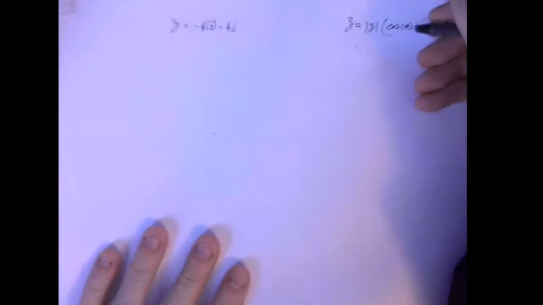Well, what does trigonometric form look like? Trigonometric form is going to look like z equals the absolute value of z, which is the modulus, times cosine of theta plus i sine of theta, right?